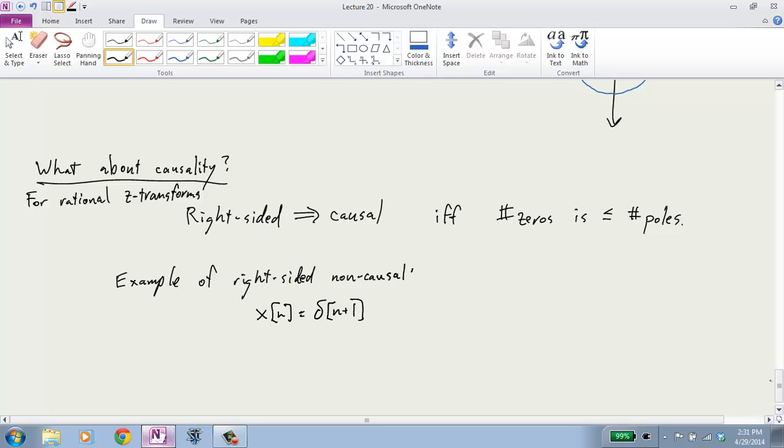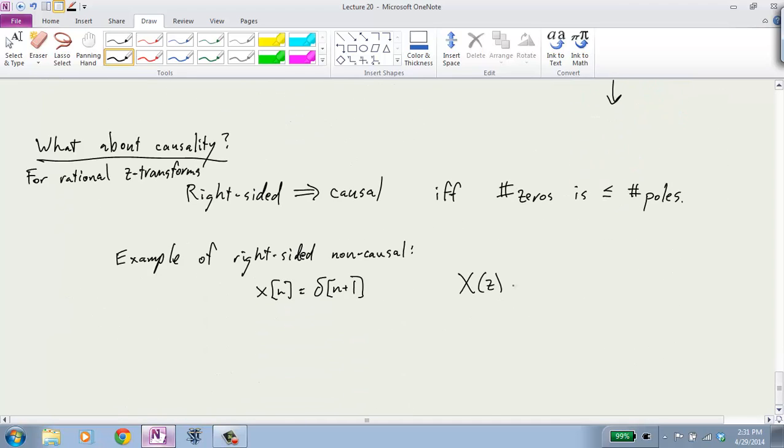It is right-sided even though it's not causal, because right-sided just means that there's some left boundary. It doesn't mean that left boundary has to be positive. So this is right-sided, but it's not causal. So what is the z transform? X of z equals z.